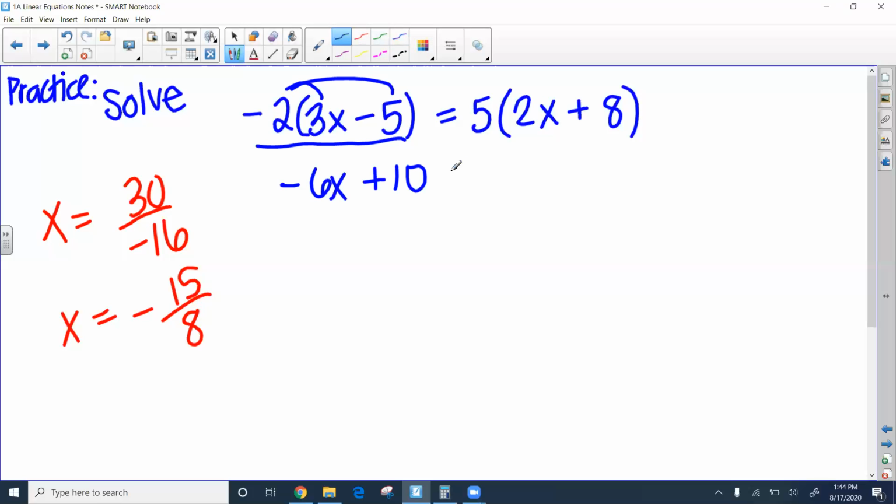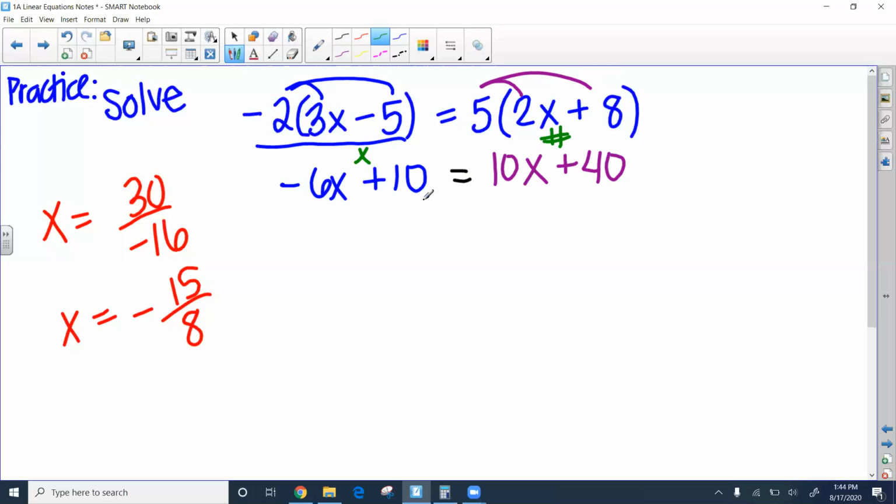Then we got our equal sign, and on the right, we would have 10x plus 40. We would distribute the 5.